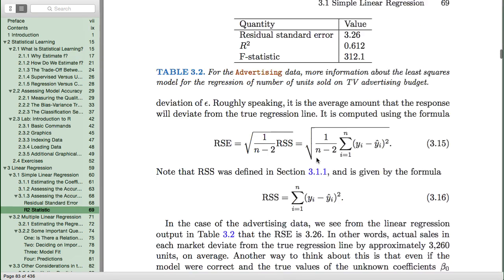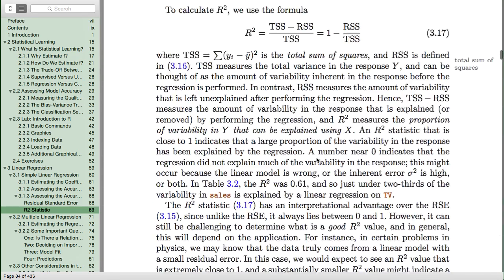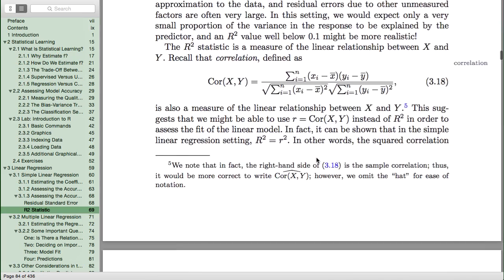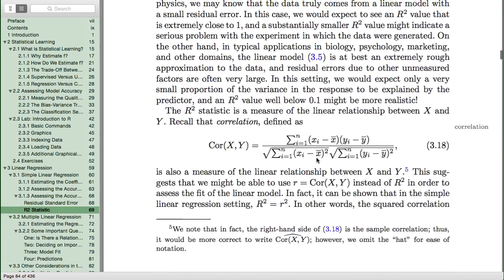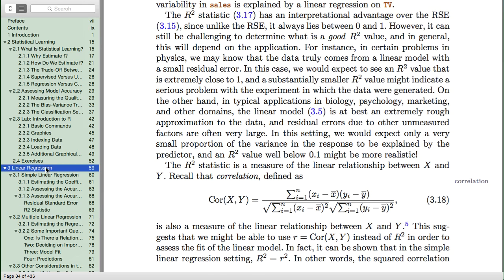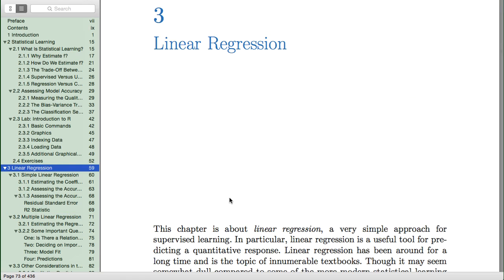So let's just summarize where we've gone, because you can see we're right up to multiple linear regression here. So we've talked about the fact that we have this simple model, y equals beta naught plus beta 1 times x. And we've talked about the full description of this model being the coefficients beta naught and beta 1.